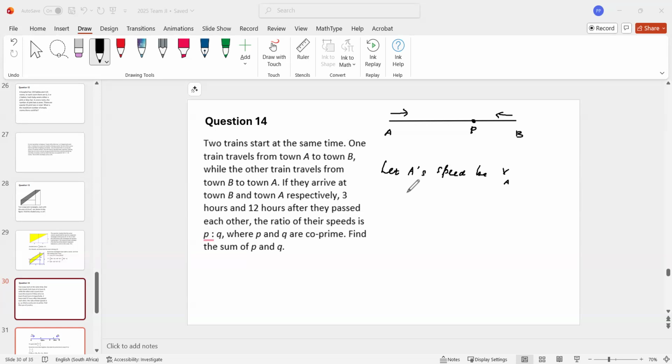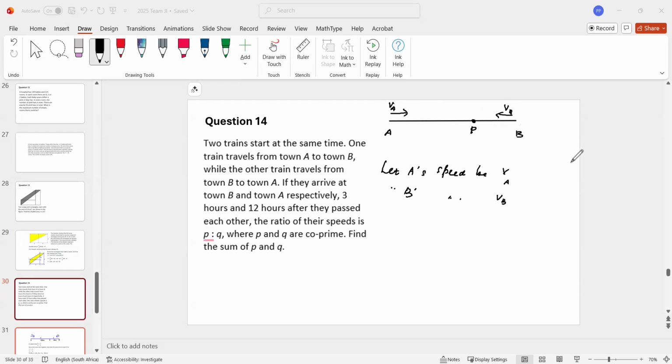You got VA and you got also V subscript B. Okay. So this guy travels faster because they're both in the same time. This will travel just that distance. This guy travels much more. Okay. So he continues. We can put V subscript A here, and you can put V subscript B there.